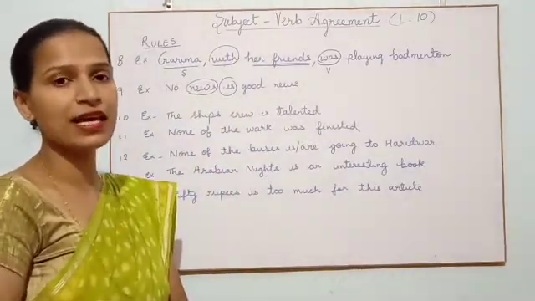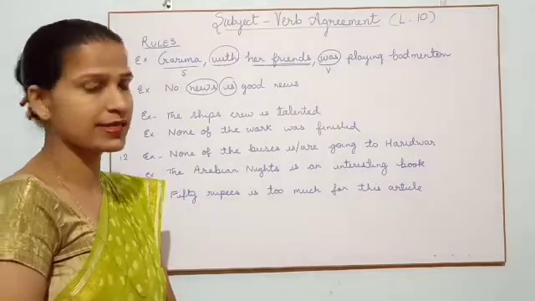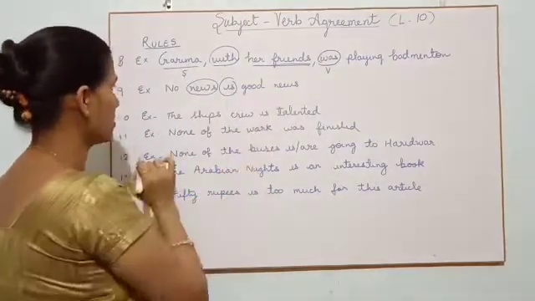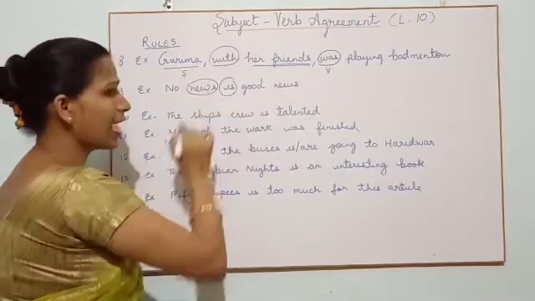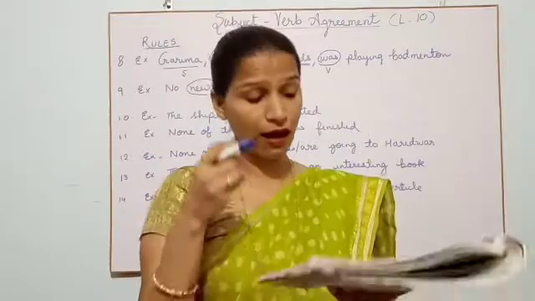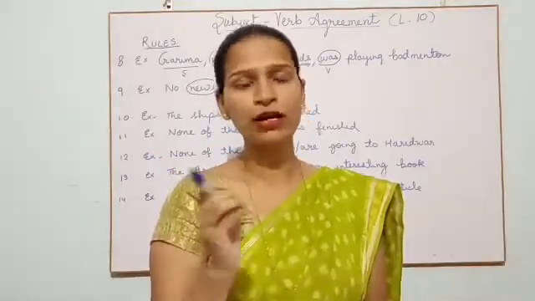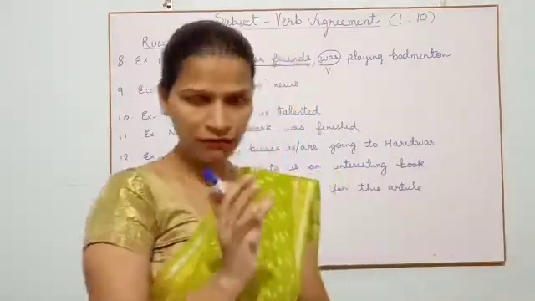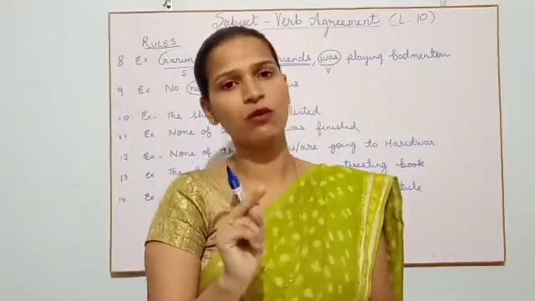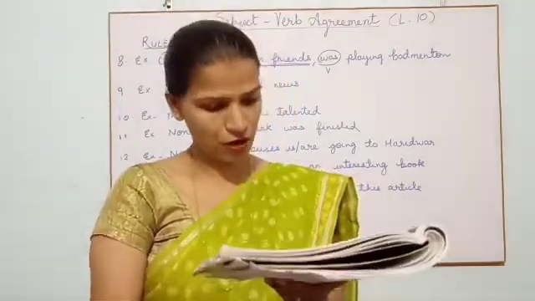We always say news is. No news is good news. Although it says some nouns are plural in form, they look plural and they are definitely plural in form, but their meaning is singular. With them we always take a singular verb.